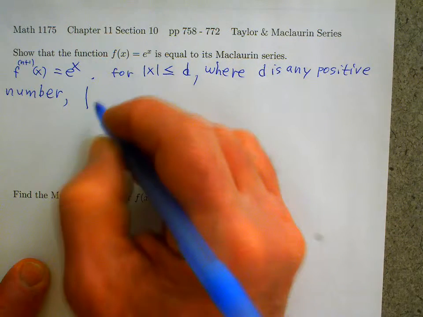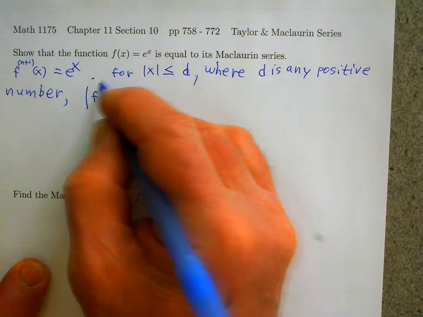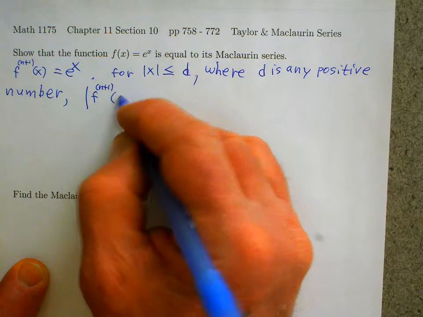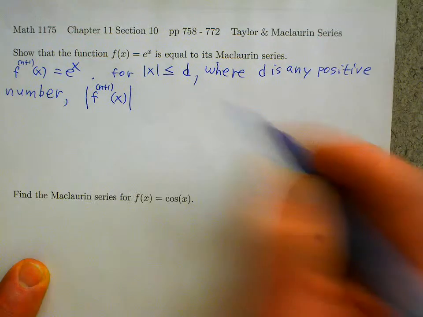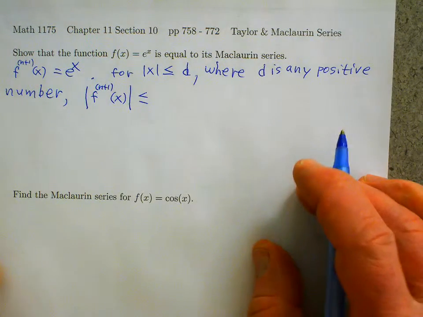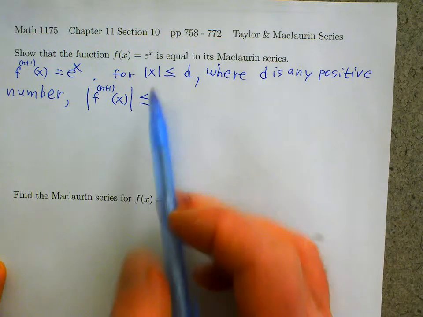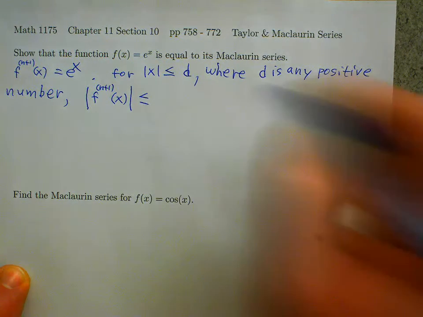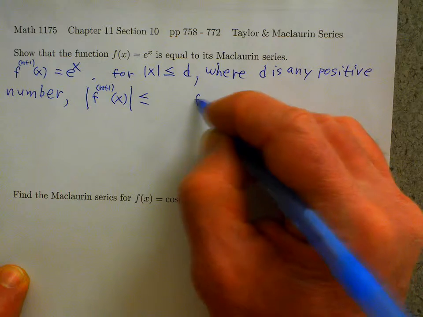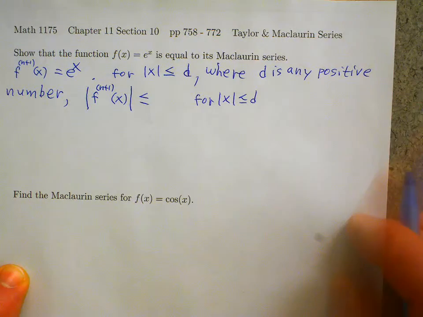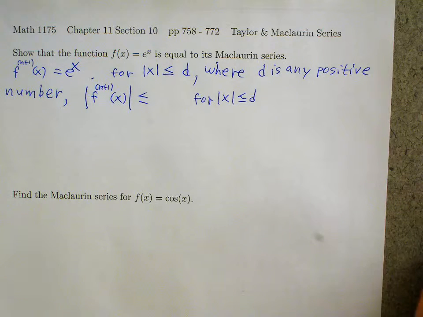we have the absolute value of the n plus first derivative of f evaluated at x is less than or equal to what number if the absolute value of x is less than or equal to d? What do you think?